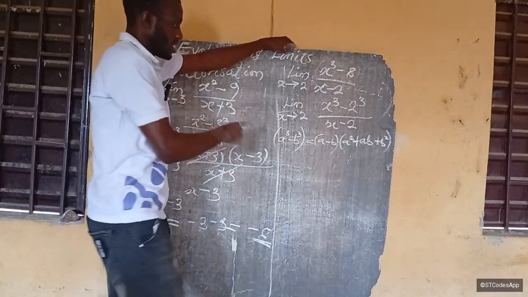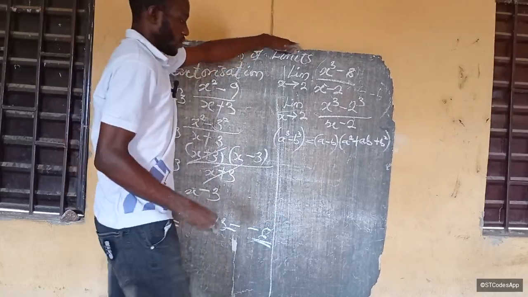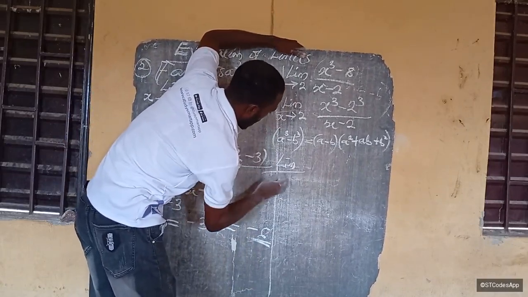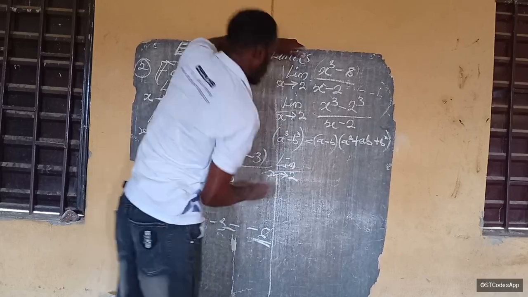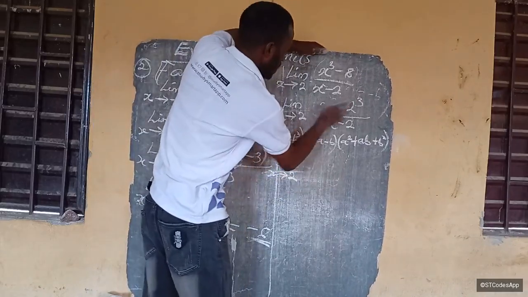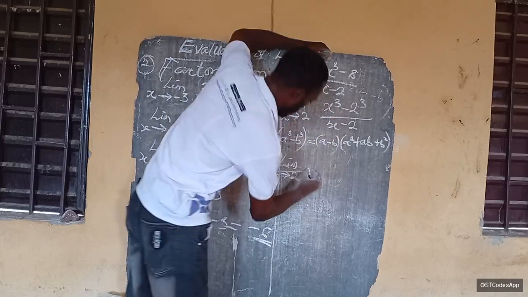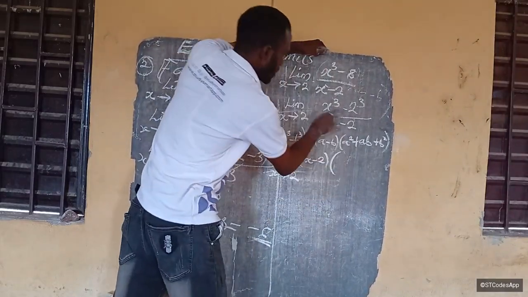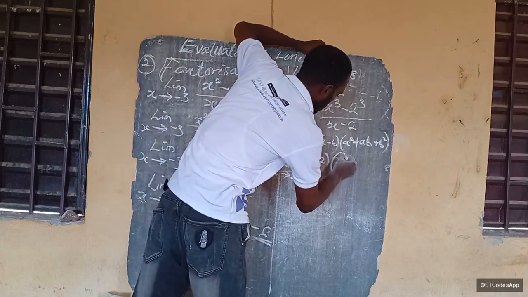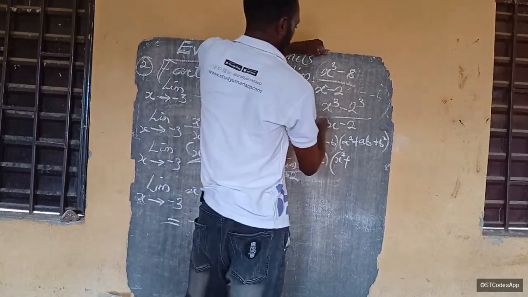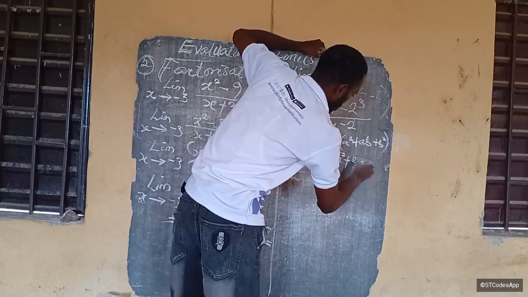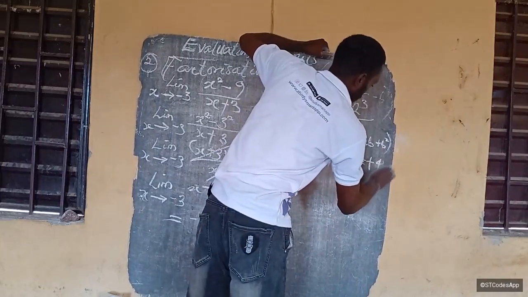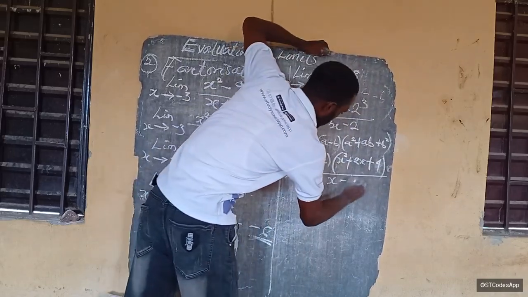So we can re-simplify this, so that this becomes the limit as x approaches 2 of a minus b, that is first term minus second term, that will be x minus 2, open bracket, first term squared, x squared, plus ab, that is first term times second term, that is 2x, plus second term squared, b squared, that will be 2 squared, which is 4, all over x minus 2.